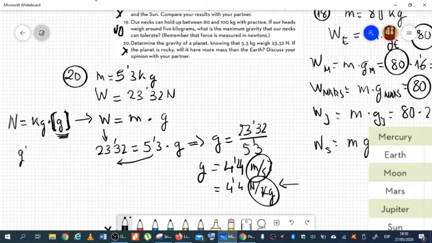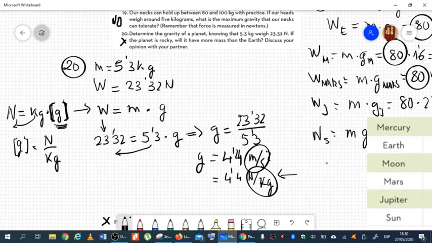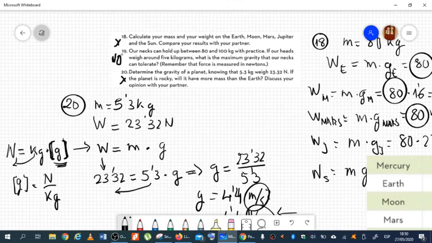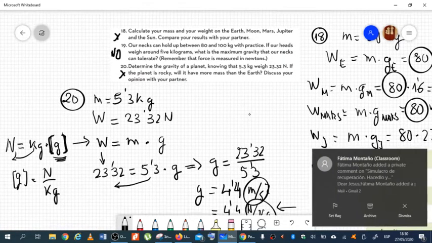So the units of G are Newton divided by kilogram. But we also can use meters per second square because G is an acceleration. Okay? So these are these two exercises.